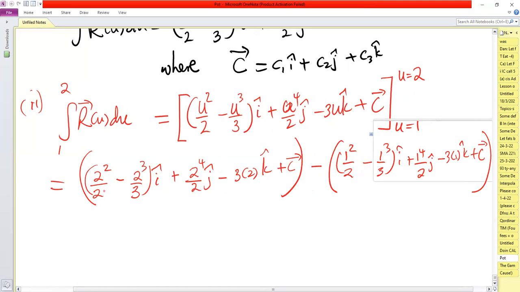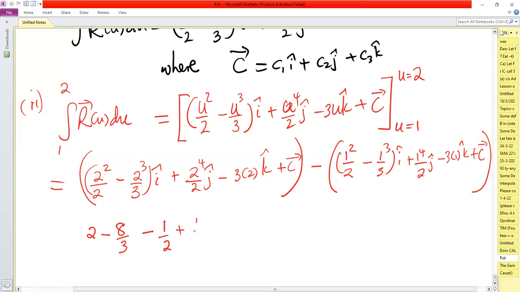So this we get 2 squared over 2 is 2. Minus 2 to the power 3 divided by 3 gives us 8 over 3. And then minus, I just want to put i terms together, half.